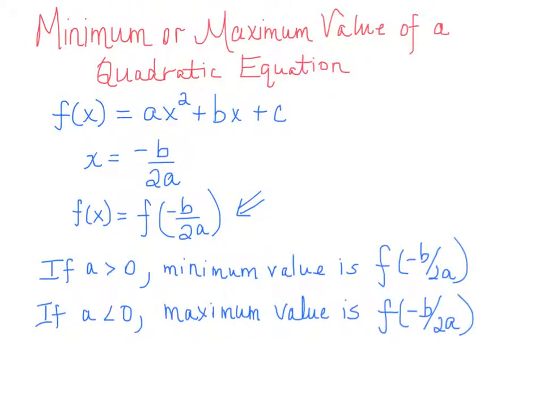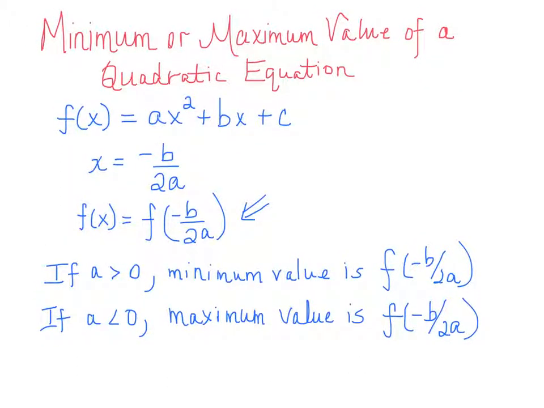To find the minimum and maximum value of a quadratic function that's in general form, that is f of x equals ax squared plus bx plus c, you're going to use negative b over 2a, comma, f of negative b over 2a.